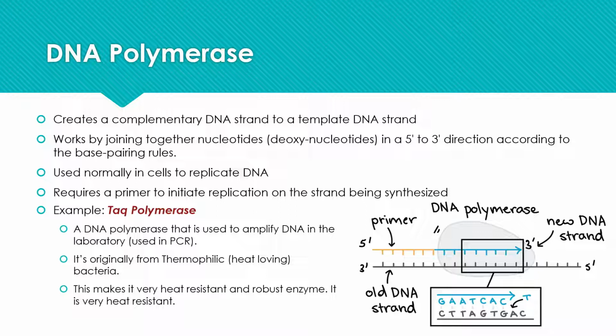Taq polymerase's structure actually allows it to survive what we would consider high temperatures, which is why it's found in these thermophilic bacteria, because those bacteria live in environments with really high temperatures. So their enzymes need to have optimum action ranges that are really high temperature ranges. So that's a bit about Taq polymerase.